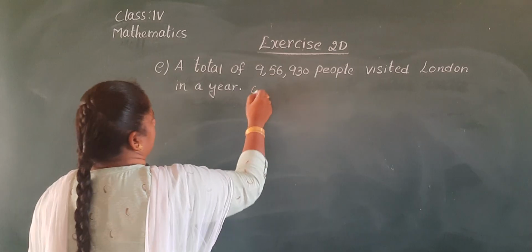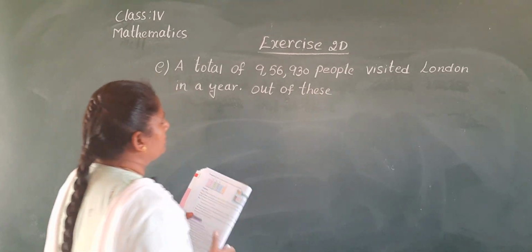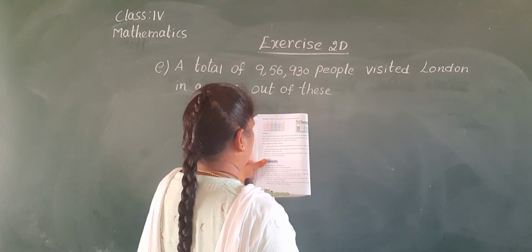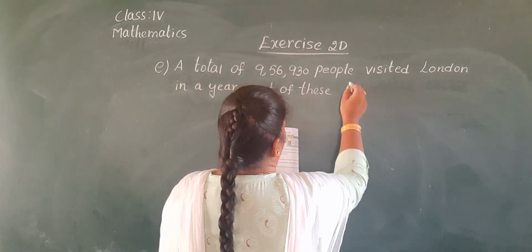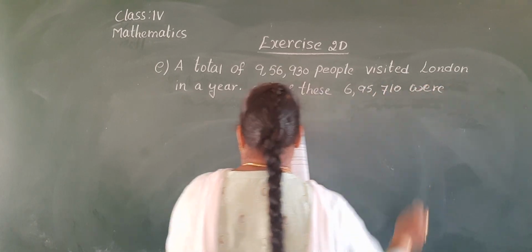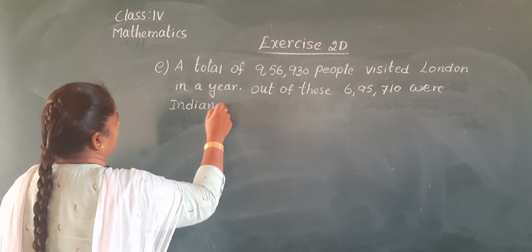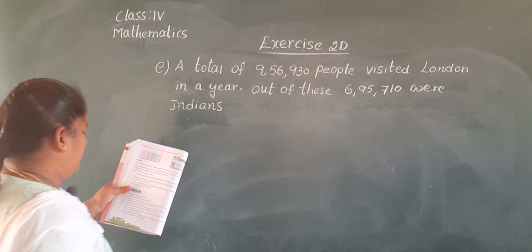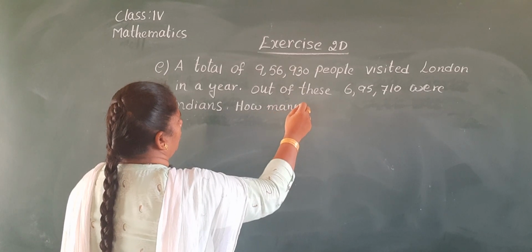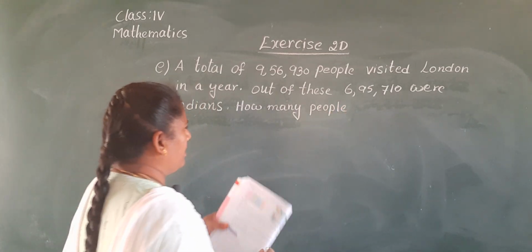Out of these, 6,95,710 were Indians. How many people were not Indians?